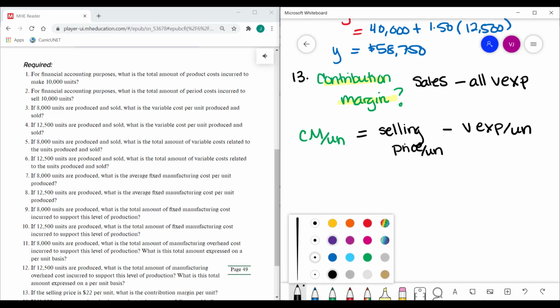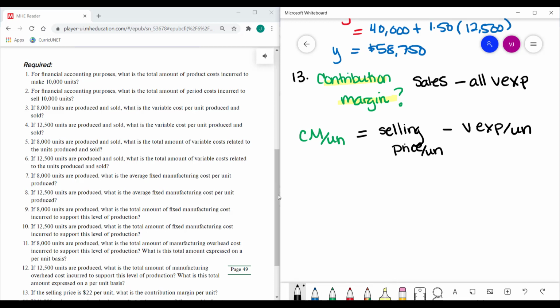All right, so we already found our total variable costs per unit when we were finding, let's see here, number 3, the total variable cost per unit. We already determined that, right? We can go ahead and do that again.